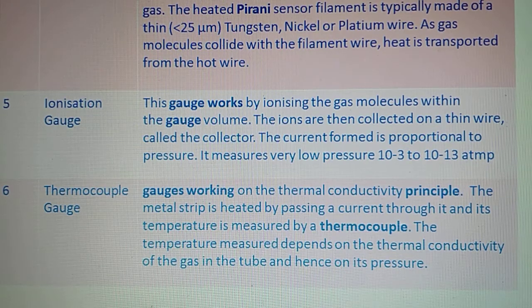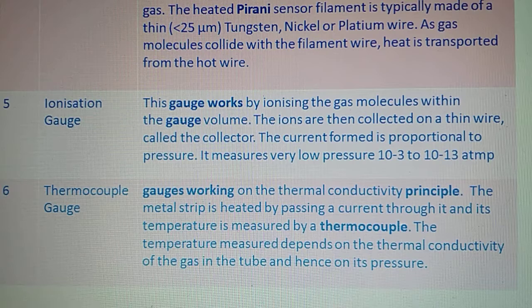The current formed is proportional to the pressure, and it measures very low pressure from 10 to the power minus 3 to 10 to the power minus 13 atmospheric pressure. So this range is important. The ionization gauge measures low pressure in the range 10 to the power minus 3 to 10 to the power minus 13 atmosphere.